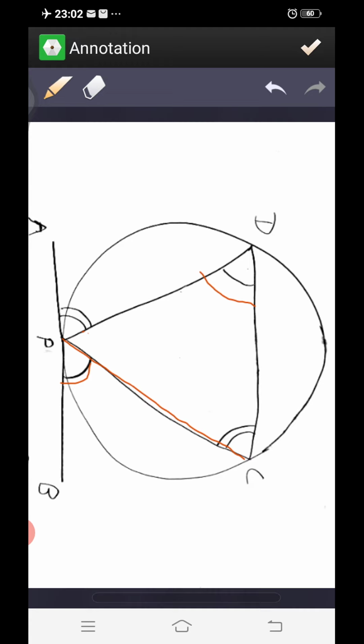This given chord subtends this angle CDE in the alternate segment. This alternate segment angle will be equal to the angle between chord and tangent. This is our property of alternate segment.